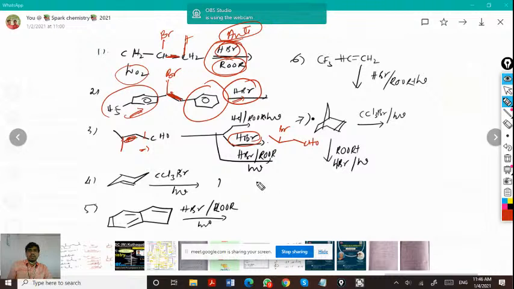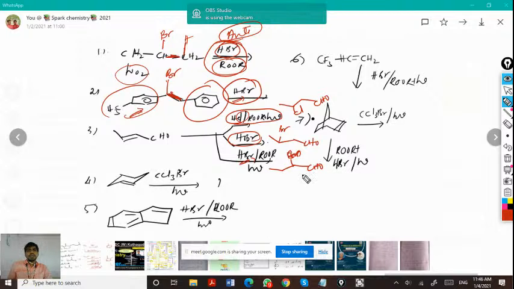Okay. So if it is HCl and peroxide, there is no Kharasch effect or peroxide effect when it is chlorine. It is going to happen only when it is bromine. So a simple electrophilic addition reaction is going to happen here. If this is the case, then you can find the Kharasch effect. So it will be reversed to the Markovnikov product, and here it will be the product.